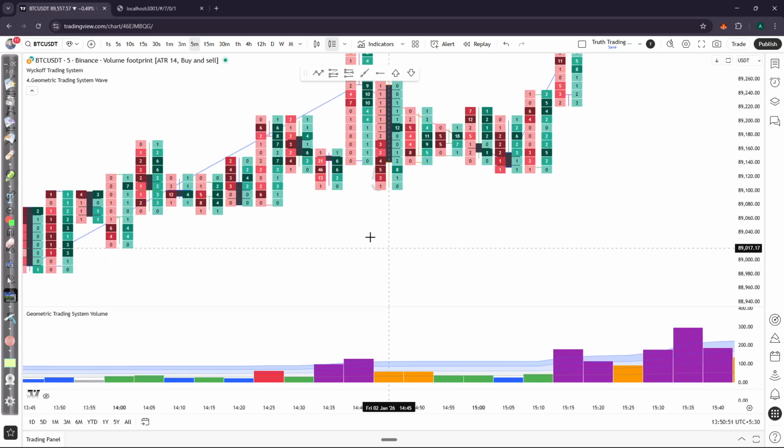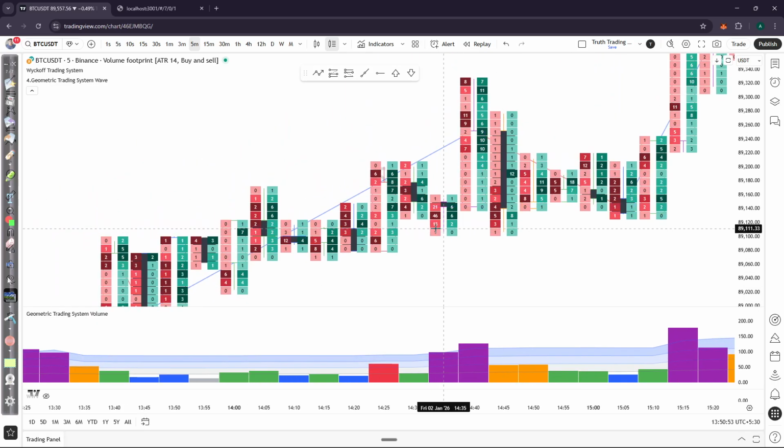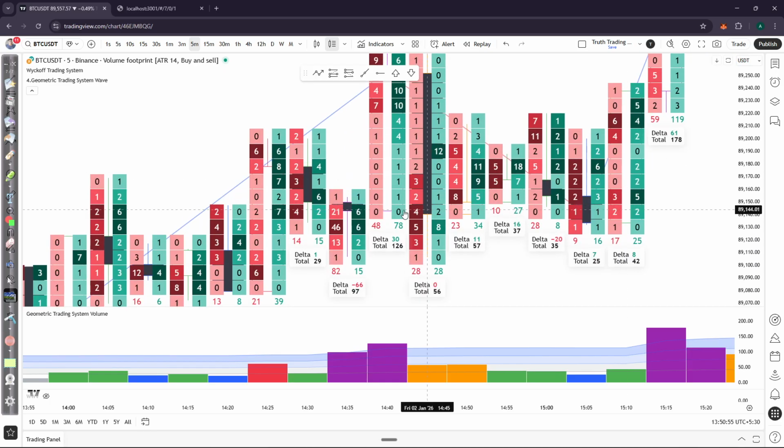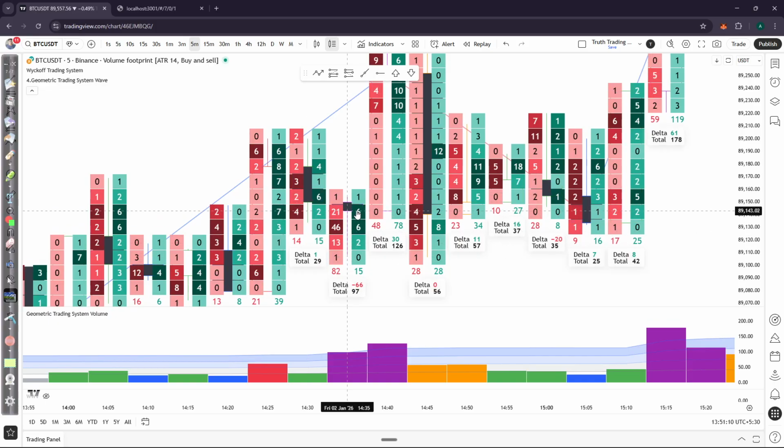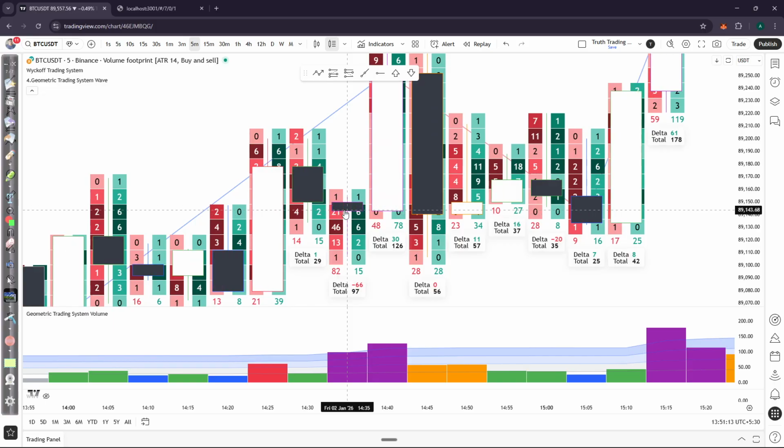you can look at this, okay, and see here. You see, as the market was going up, on this pullback, there was selling, a lot of selling effort, but all the volume got absorbed, and the market closed near the high point, right?